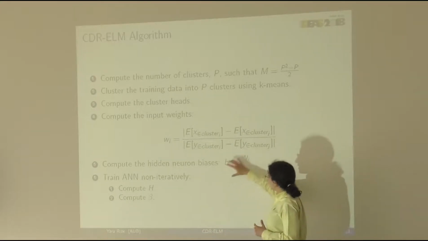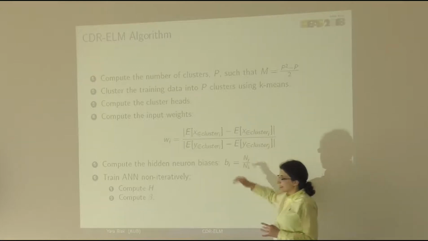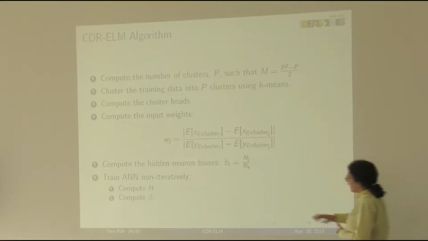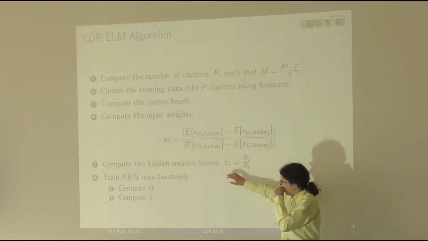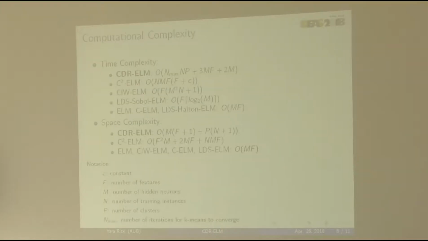I use the cardinality of these clusters, so basically the number of points in each cluster, to add a bias to my neuron, and then I simply train using the original methodology, which was to compute this H matrix, and then use the pseudo-inverse to get the optimal beta values.